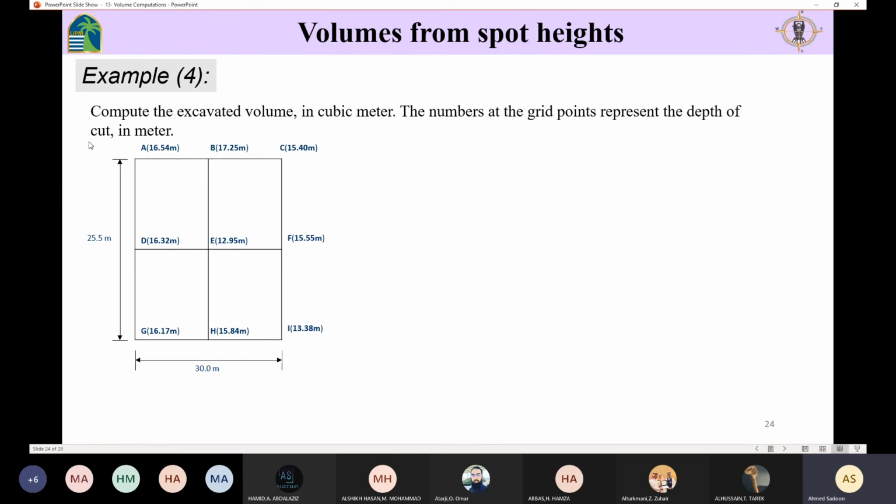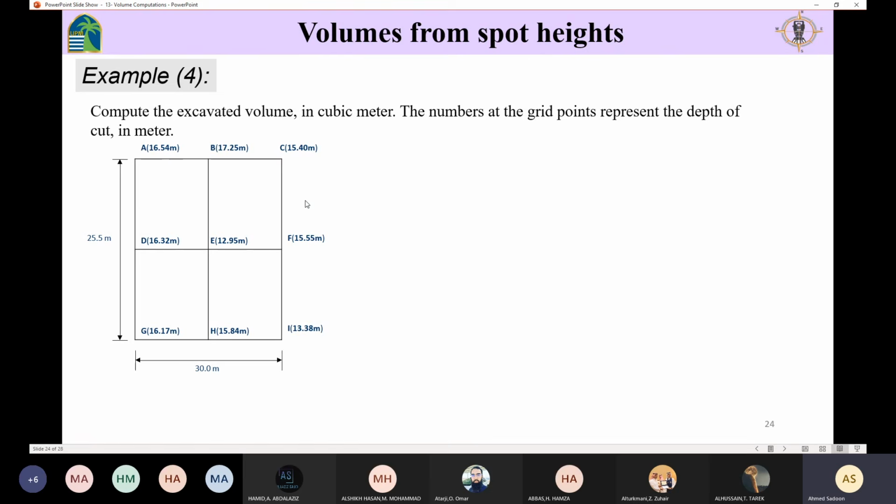This is very important information, because sometimes this number represents the reduced level at that point. In that case, I need to know the formation level so that I can determine the depth of cut. But this is easy for us since the number here represents the depth of cut.